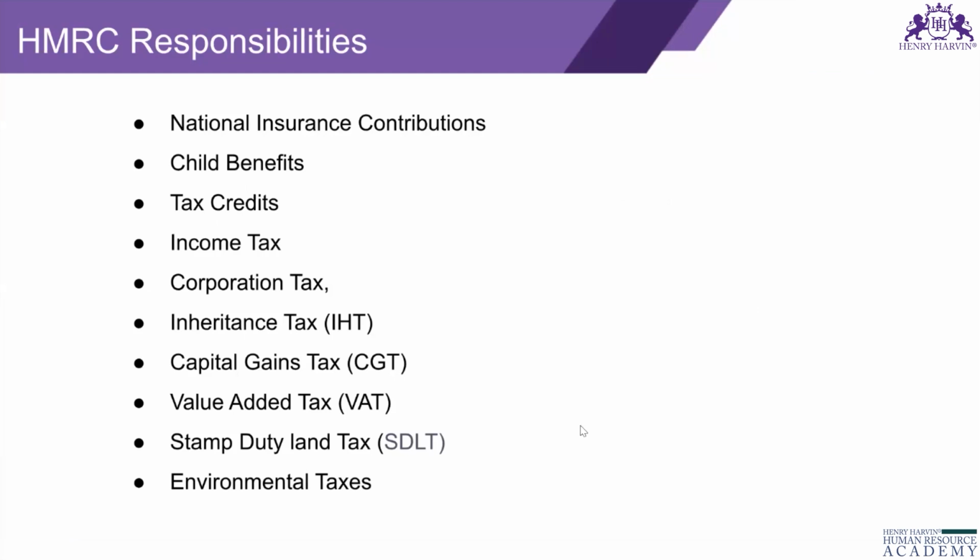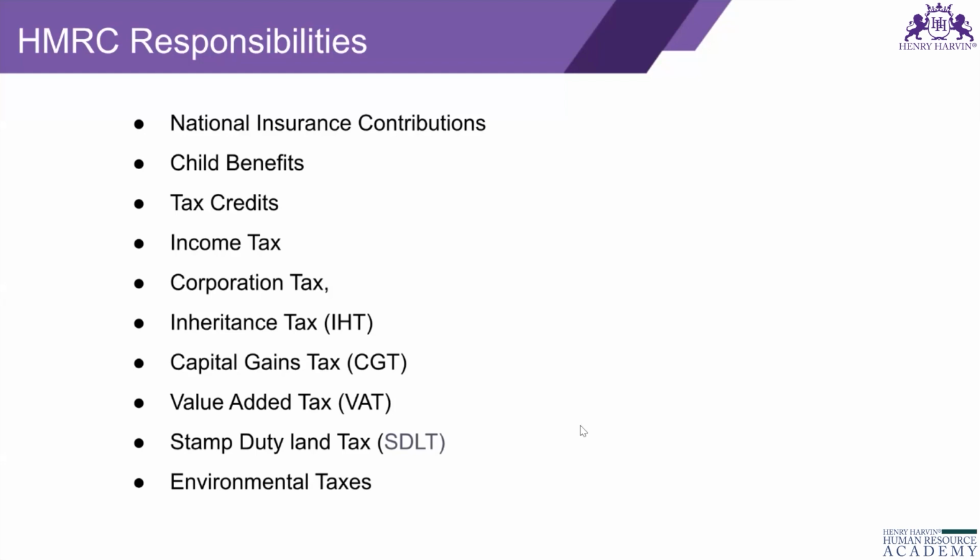Now HMRC takes care of all these responsibilities, which include NIC, National Insurance contributions. I think almost 18 to 20% of UK government income depends on national insurance, so you can understand how important it is. Then they also take care of child benefits.